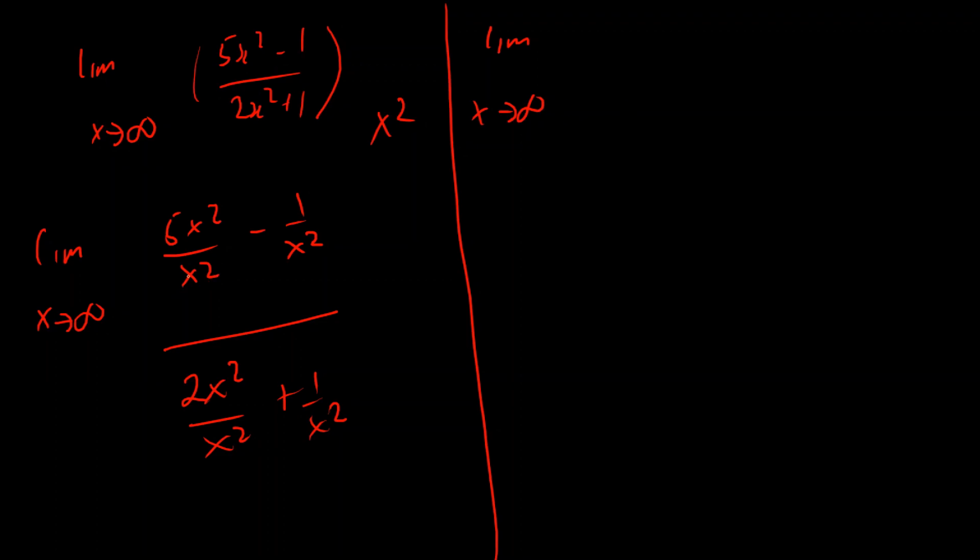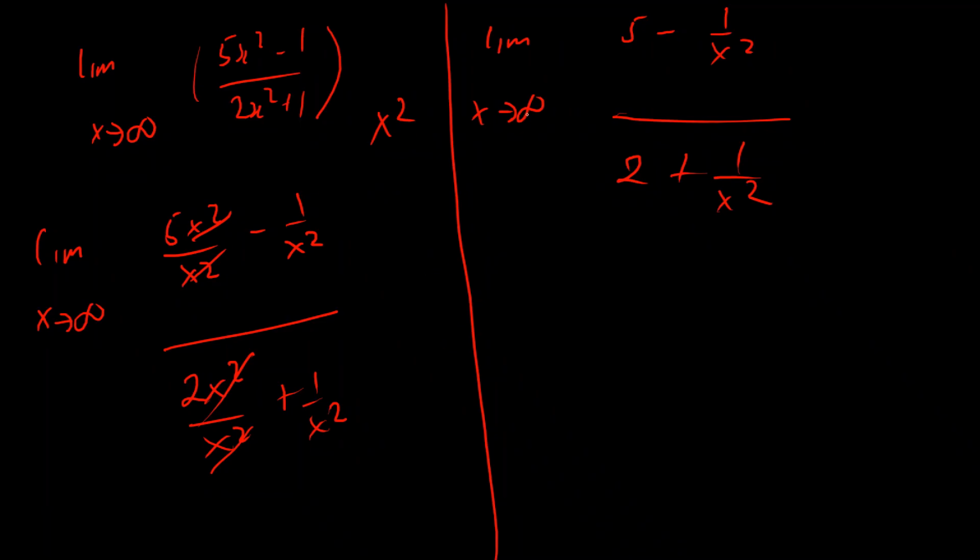Now x squared can cancel x squared out. So we have 5 minus 1 over x squared all over 2x squared over x squared. x squared can cancel these and it is left with 2 plus 1 over x squared.